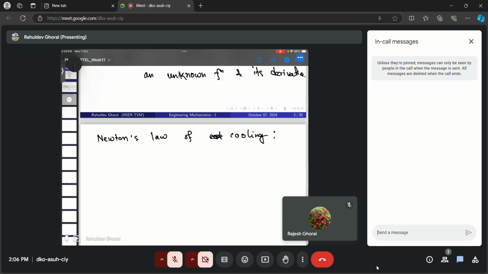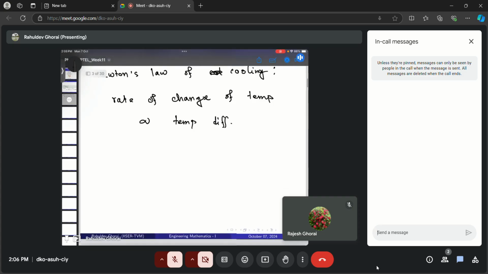That you can write in terms of, if I write, rate of change of temperature, which is proportional to the temperature difference.